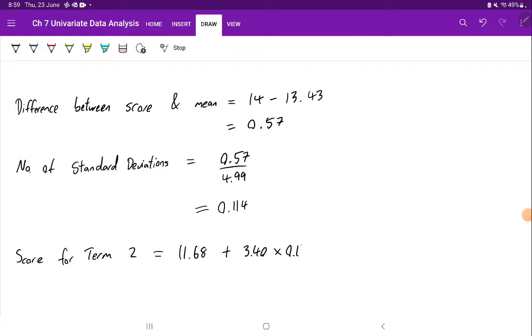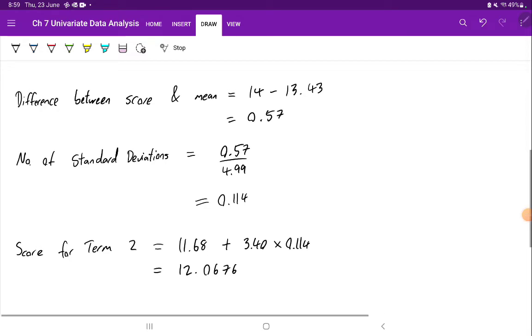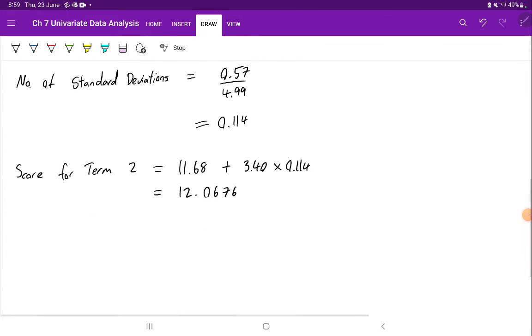And that's going to calculate how much further above she should be. And we get 12.0676, which is not a great answer, because she's probably not going to score 12.0676. So instead we approximate this to 12. So the estimate is 12.